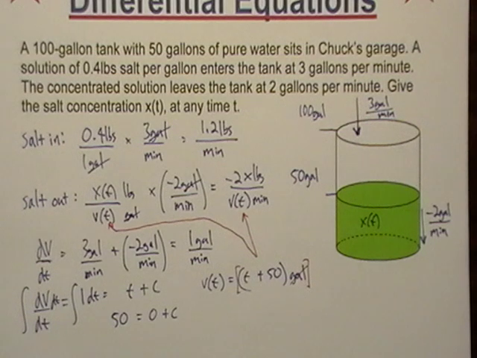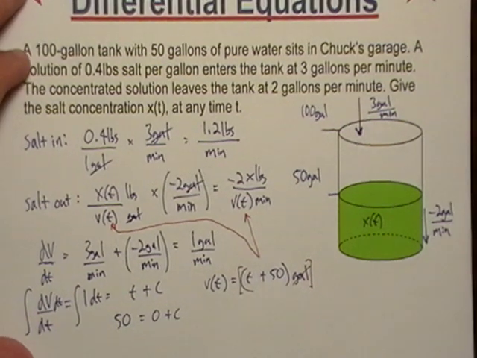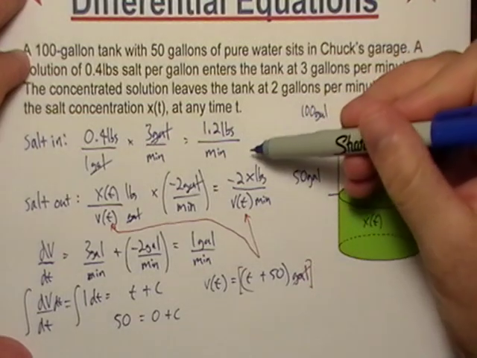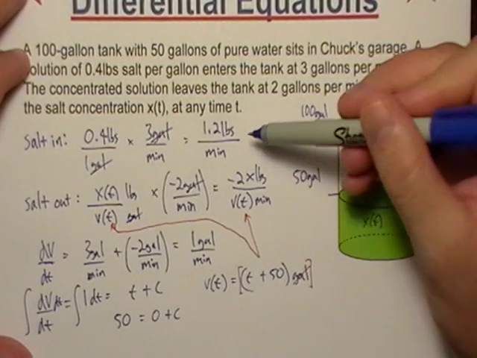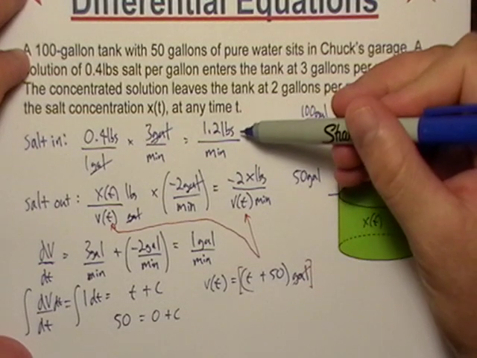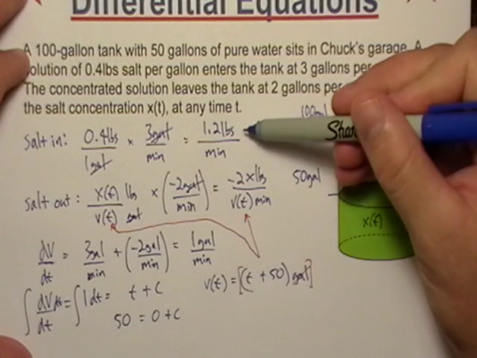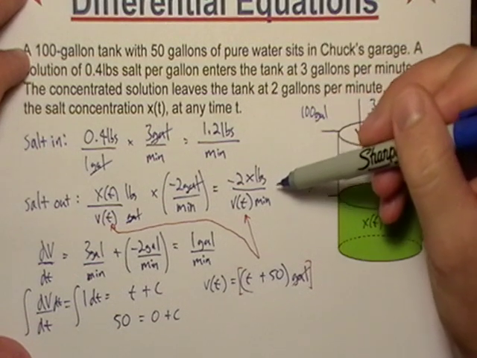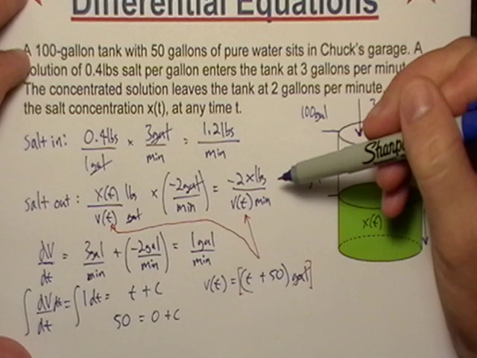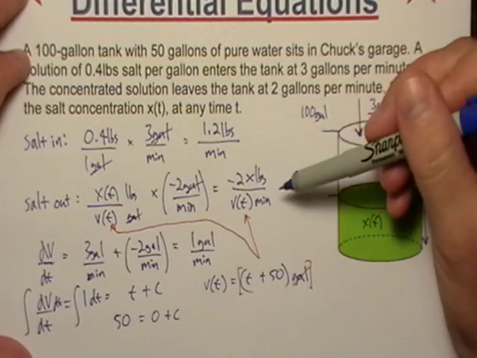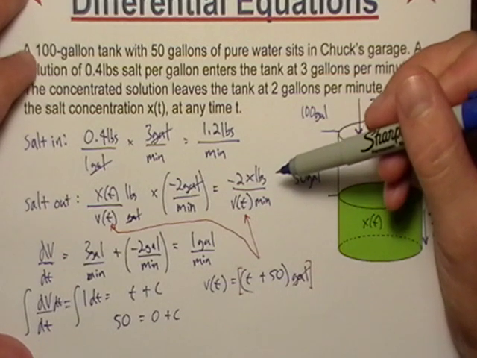Okay, so let's take a look. What do we have right here? We have an amount of salt coming in, and an amount of salt coming out. That's a change in salt content over time, isn't it?